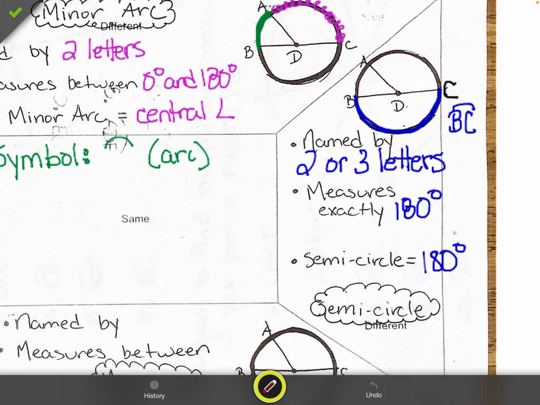It would go from B to C on the top half of the circle. Now, to be able to tell the difference between the two, you'd use 3 letters to name the top one. So you would know that we want you to look at the top one. Use BAC. So BAC would be that top semicircle. And again, you could say arc CAB.